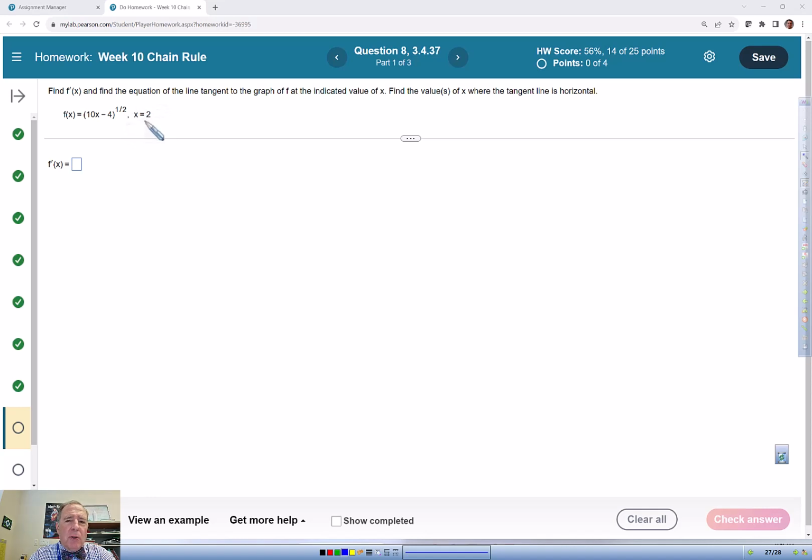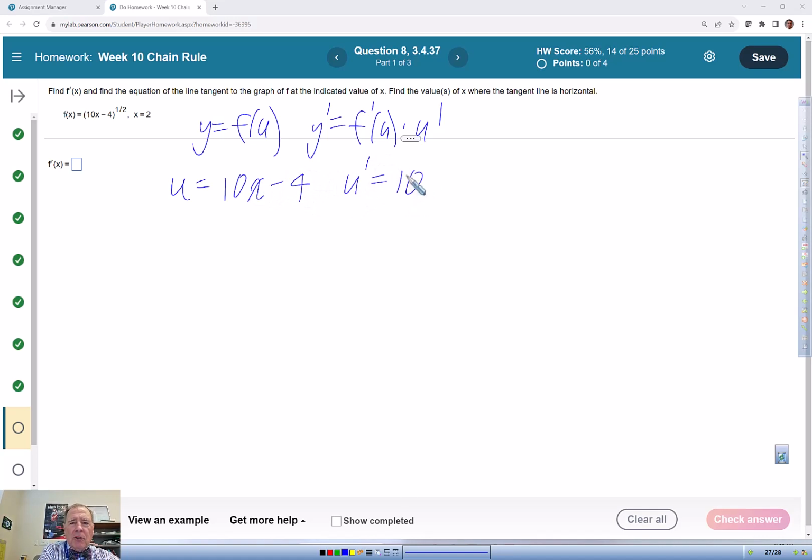x equals 2. So I'm going to write out the chain rule. If y equals f at u, y prime equals f prime at u times u prime. My u here is the linear 10x minus 4, so u prime is just 10.